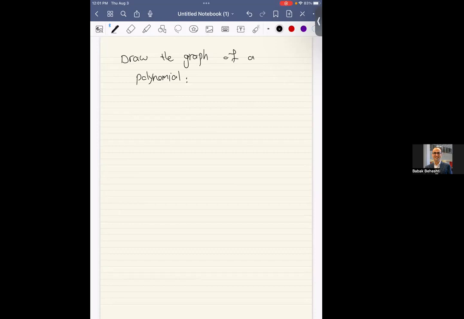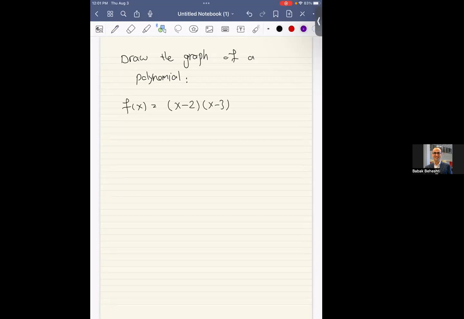If we have a polynomial and we factor it, like f of x equal to x minus 2 times x minus 3, if you have the polynomial in factored form, then you can draw the graph.